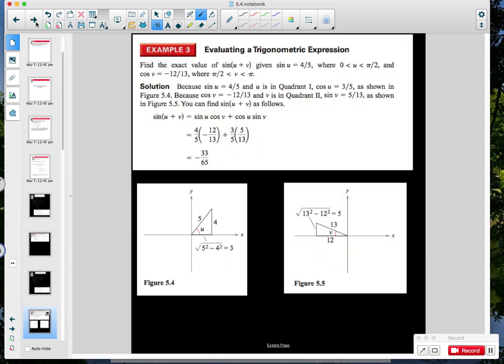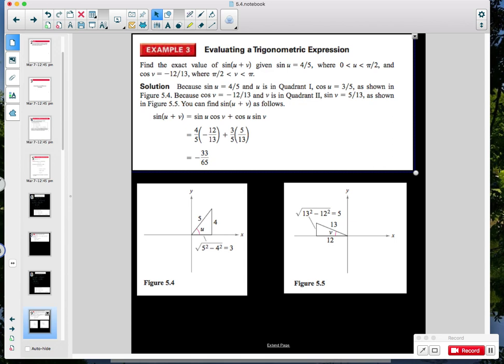And now we'll go to something a little more advanced, but based on what we have done up to now. Find the exact value of sine of u plus v, given that sine of u equals 4/5, where u is between 0 and pi over 2, which means we are in quadrant 1, and cosine of v is negative 12 over 13, where v is in quadrant 2.